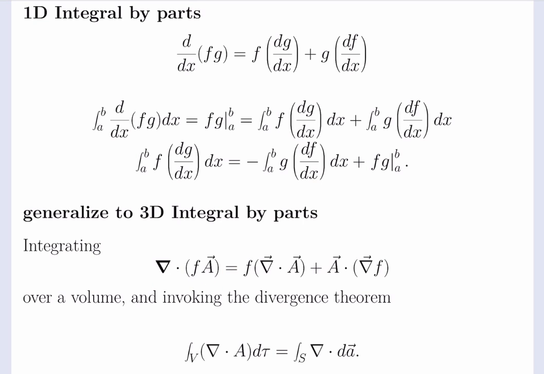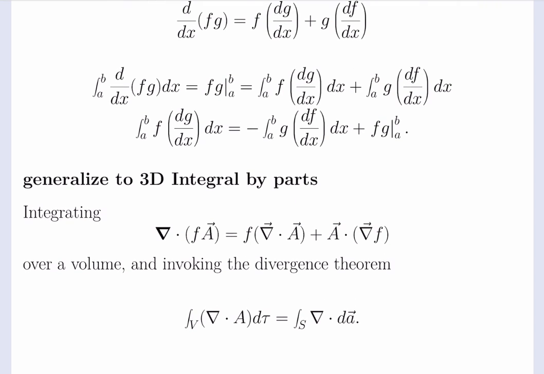We can apply the divergence to the vector first, and then multiply by the scalar, or we can apply the del operator to the scalar, which gives a vector quantity, and we dot this vector with A again. So this is similar to the chain rule, and now we do the same trick, that is, do an integration of this for both sides.